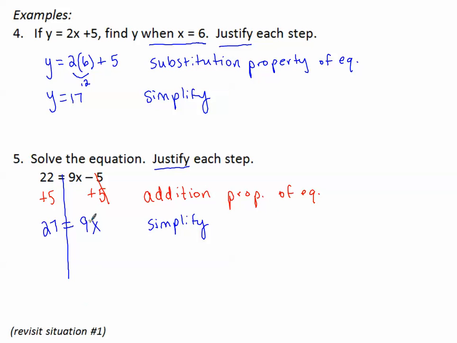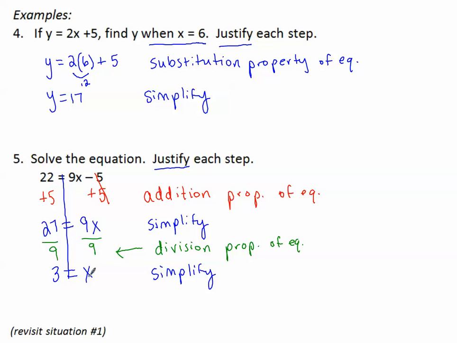Now I want the 9 that's multiplied to go away, so I divide both sides by 9. What's left over? 3 equals x. What did I do when I divided by 9? I used the division property of equality. After I divided to get 3 equals x, I simplify.